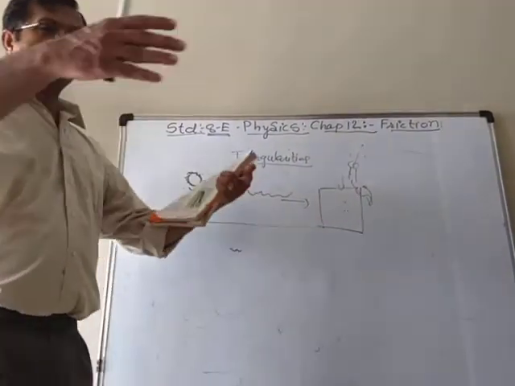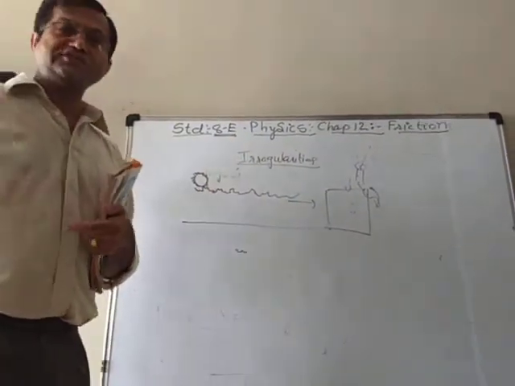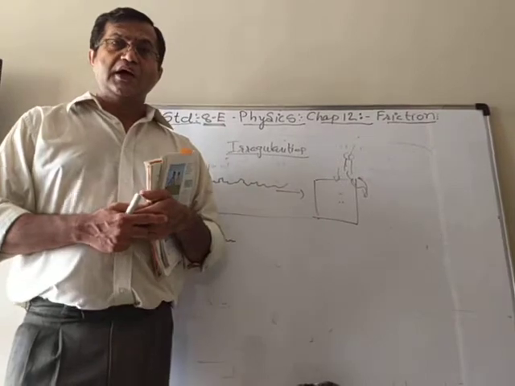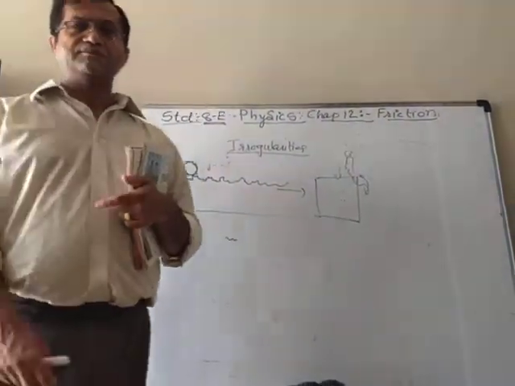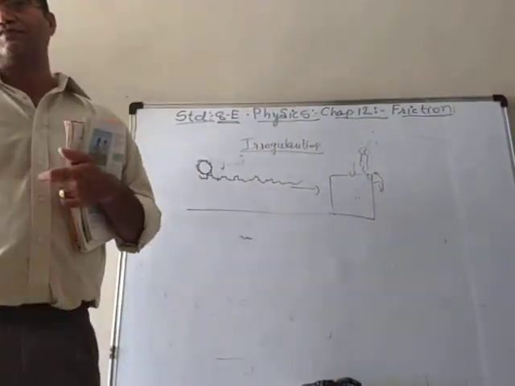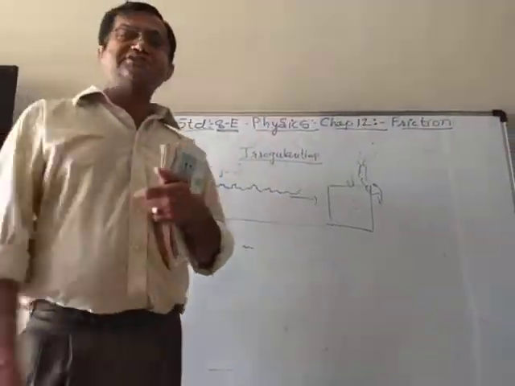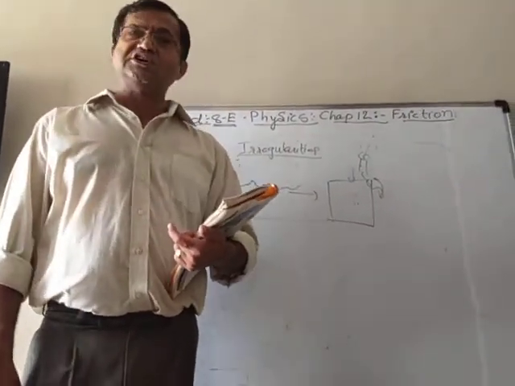Right? If there are two boxes, one box is empty, the other box is of the same size, but there are books in it. And if you want to move both the boxes, you know that the empty box is very light, so less friction will be there.